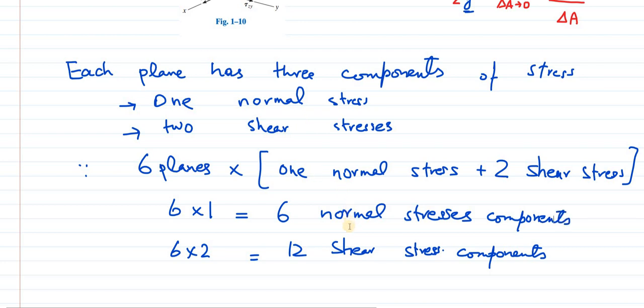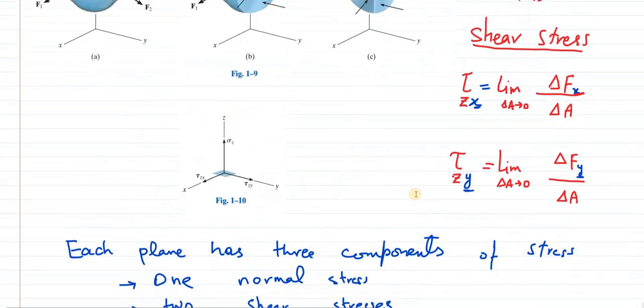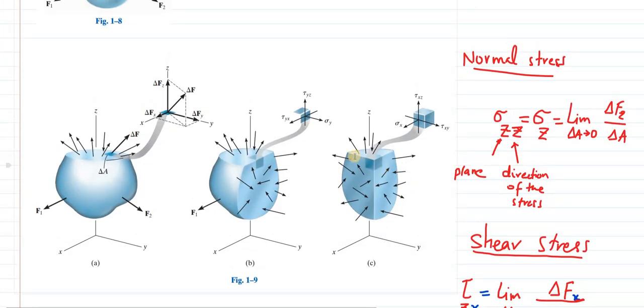Although some of them would be simply established by equilibrium. For example, if the stress acting on, let's say, this face is sigma x, then naturally for equilibrium, the stress acting on the opposite face, which will be the negative x face, will also be sigma x in magnitude, and of course if this is tensile, the other will also be tensile.